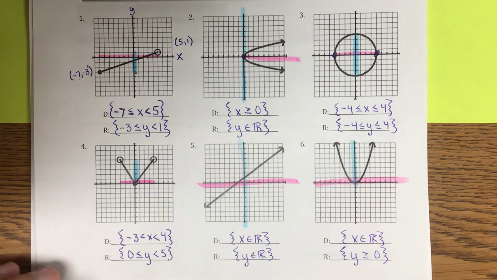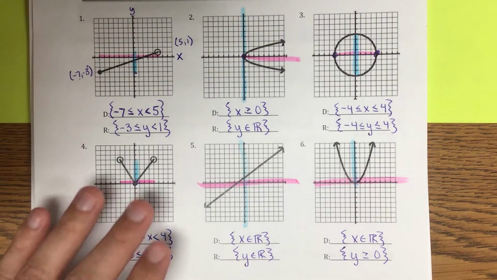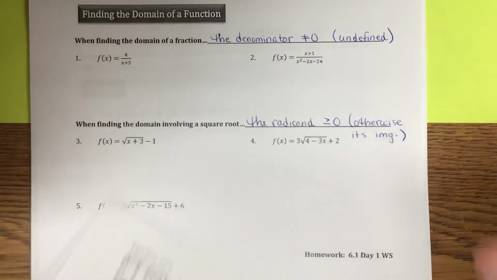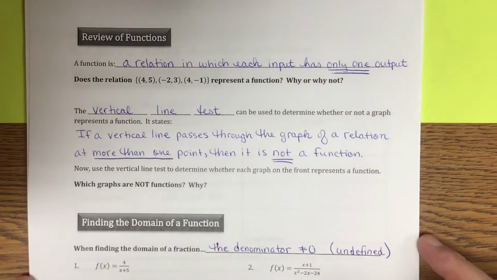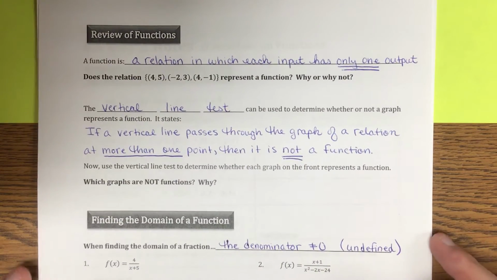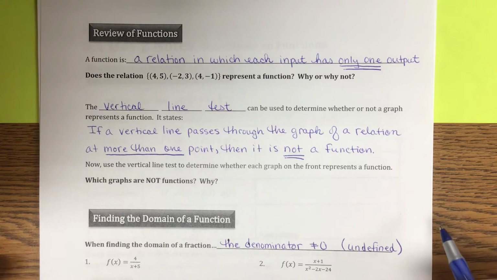And so now we're going to flip over to the back. On the back, a quick review of some definitions here. A function is a relation in which each input has only one output.